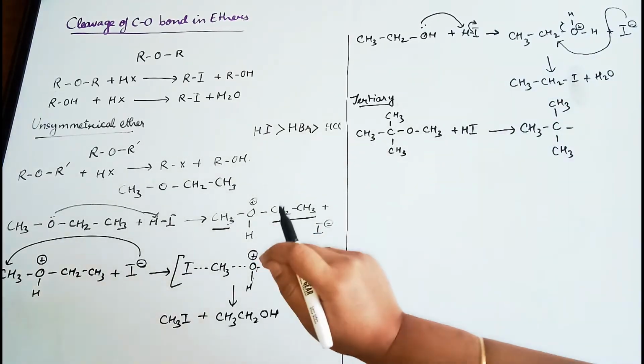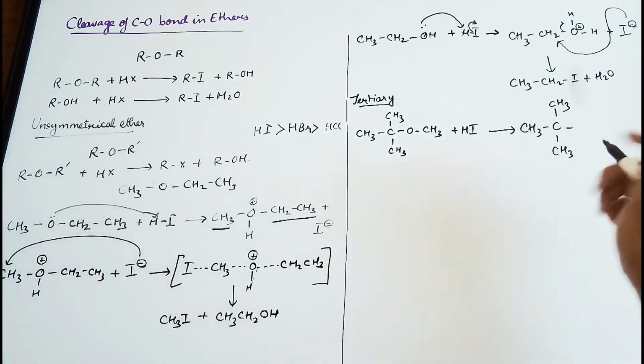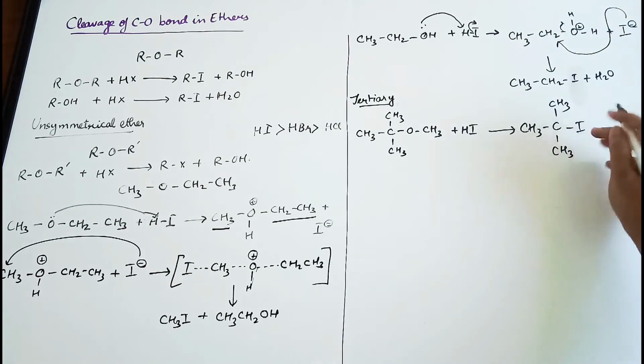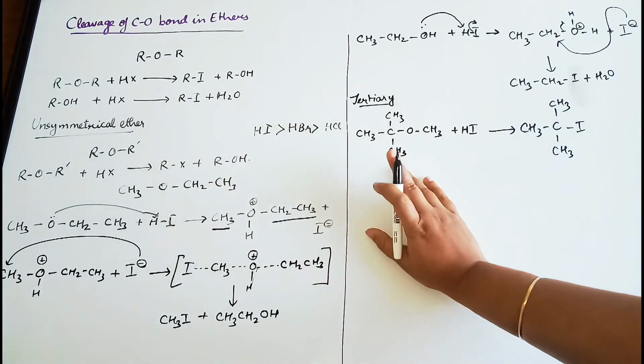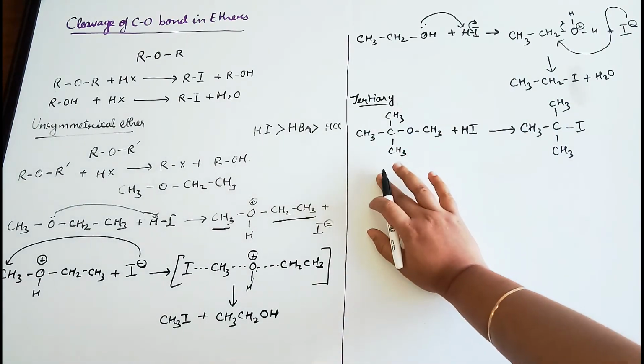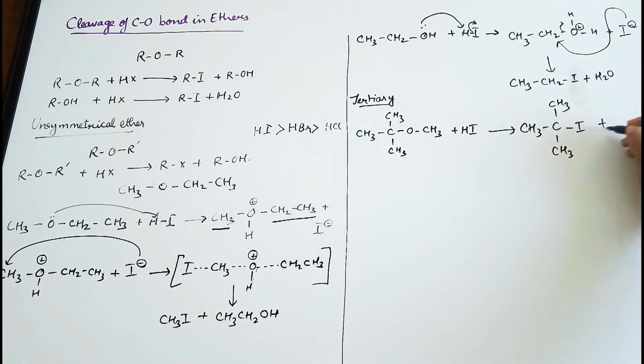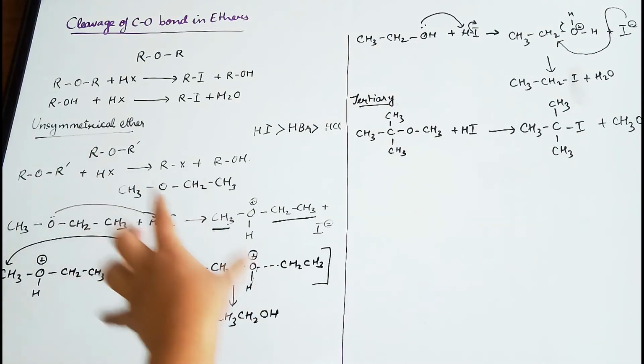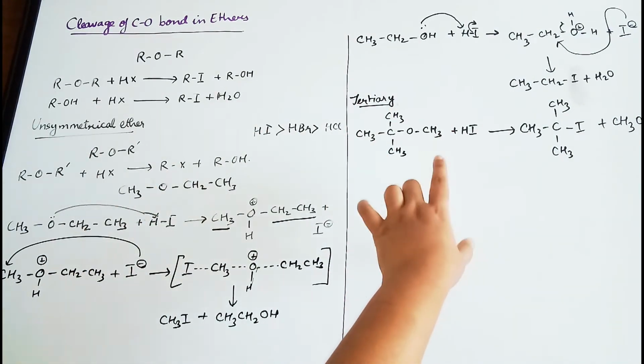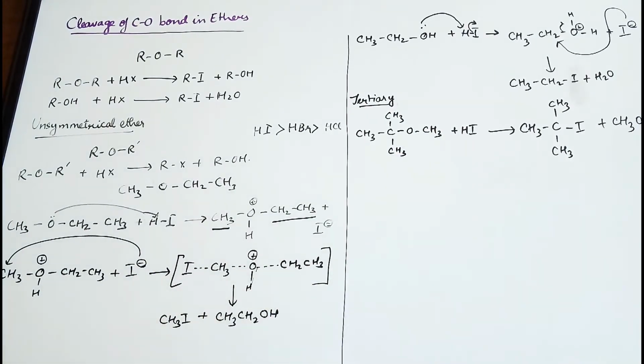In the previous case it was the SN2 mechanism. In this case it's an SN1 mechanism. So here you have an alkyl halide formed from the tertiary alkyl group, whereas the primary is giving us an alcohol. So this is by the SN2 mechanism, and this is by the SN1 mechanism. I hope you know that by now.